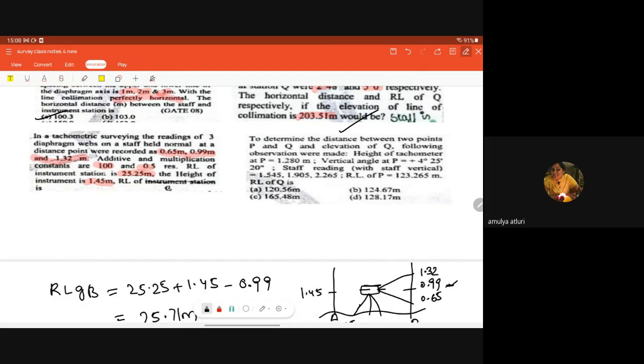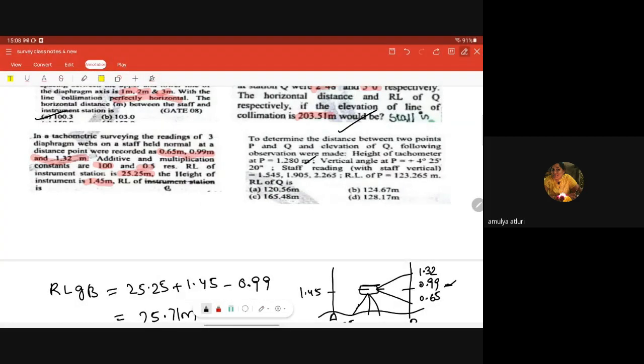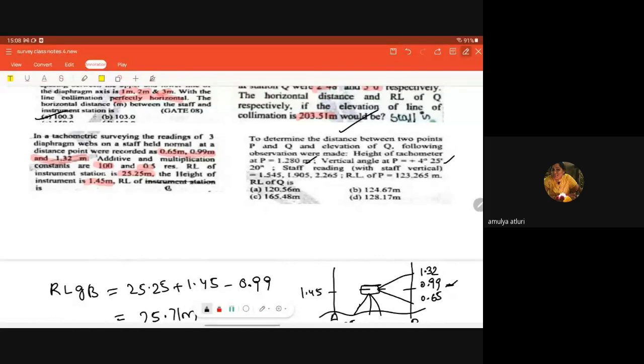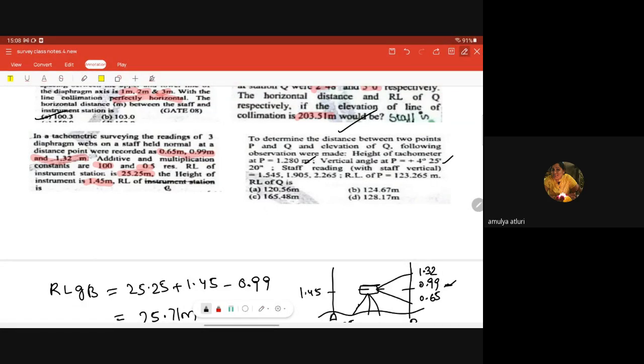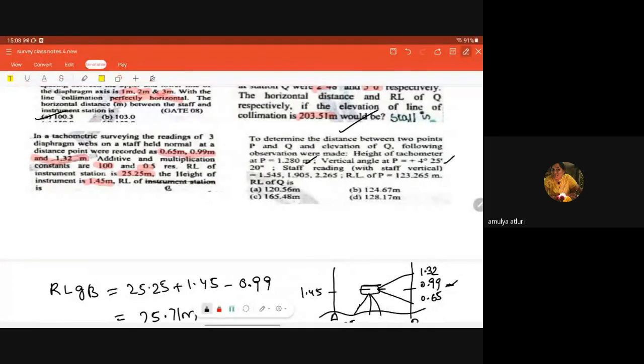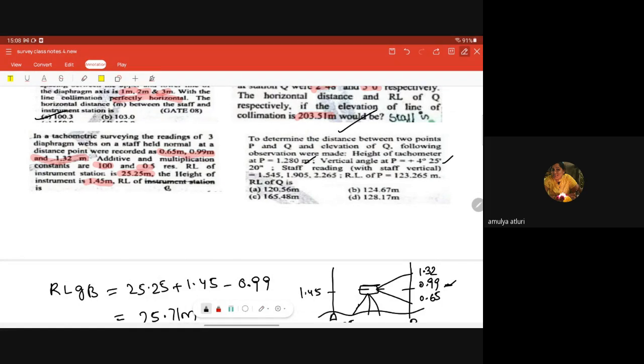The height of tachometer at P is given, the vertical angle at P is given, and the staff reading with vertical staff is equal to, they have given 3 readings, and the RL of P. So first, we know that if the staff is vertical, then my S is highest minus lowest, 2.265 minus 1.145, right?